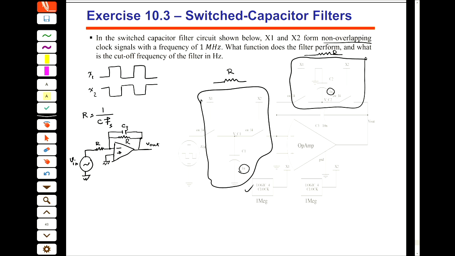Yeah, this is a low pass filter. So if you want to see what it does, just put S equal to 0, S equal to infinity, and see what will happen. Okay. So this is a low pass filter.